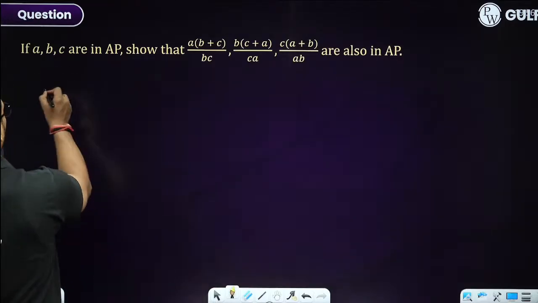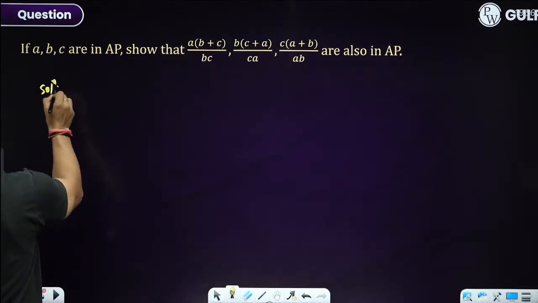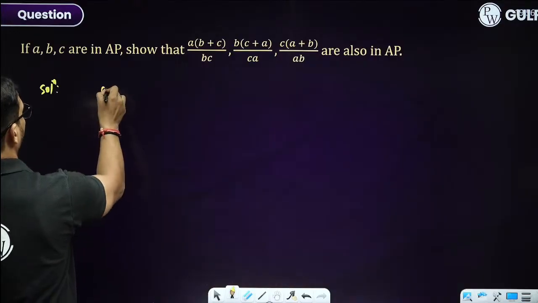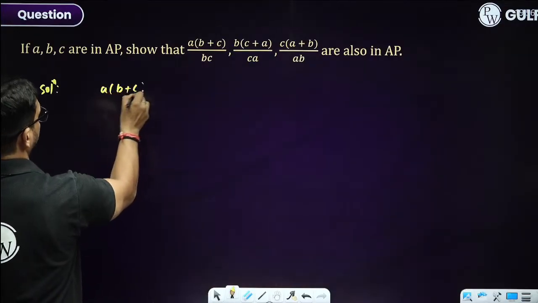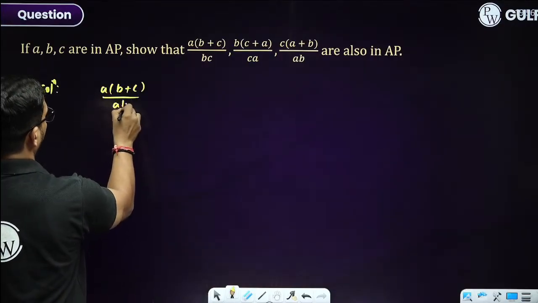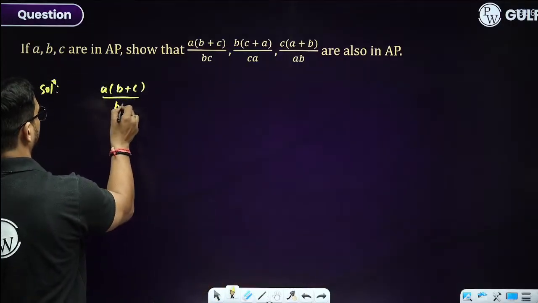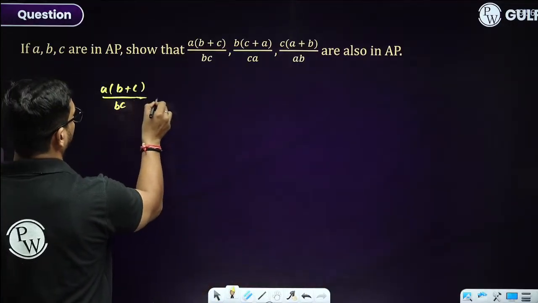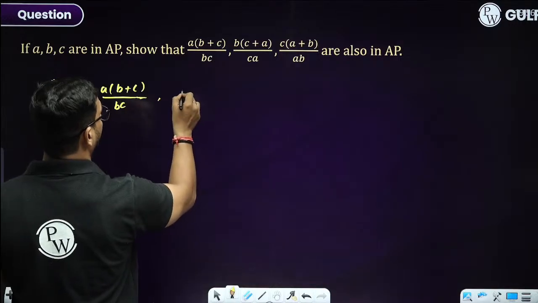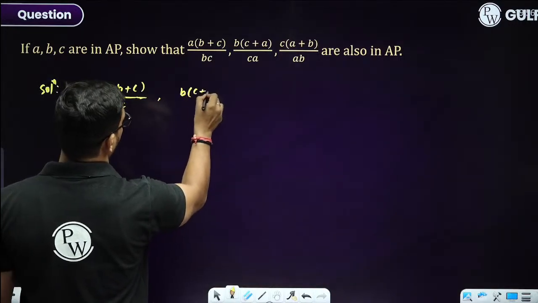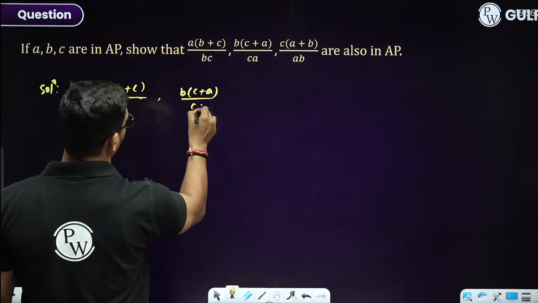Chalo. Let's do it. So what do we have? We have A(B plus C) by BC, sorry, BC, not ABC. Okay. Then what do we have? B(C plus A) by CA.